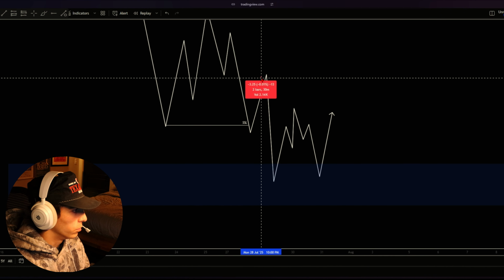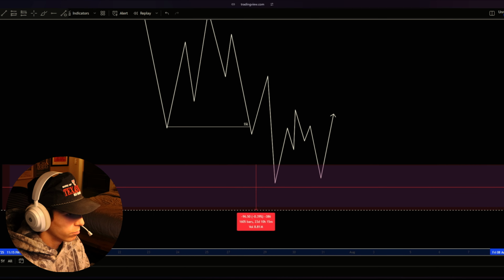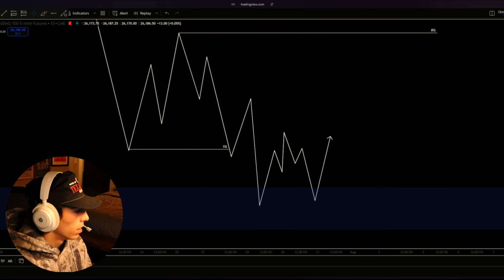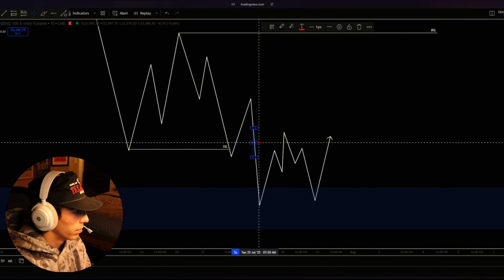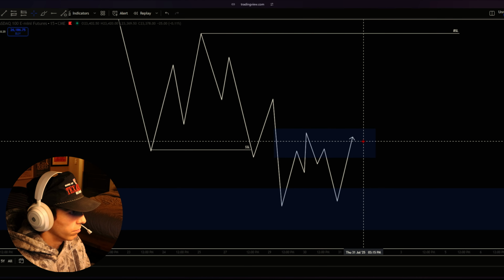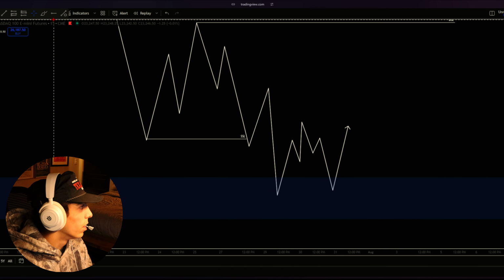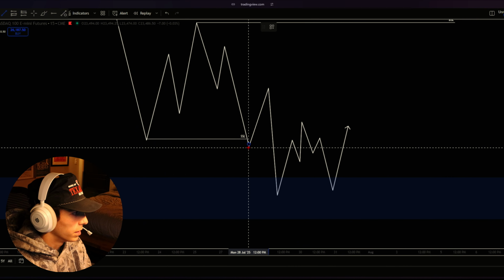After this, market moves down to a higher time frame PD array. Let's just say this is a 4-hour fair value gap. We want to see price retrace back into this fair value gap that we inversed, that we want to inverse. Oh, I'll just mark this out for now. We created manipulation.